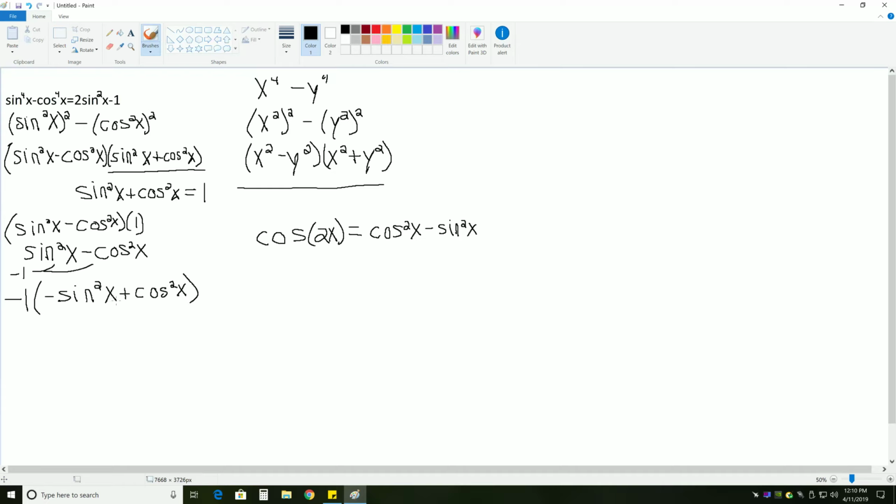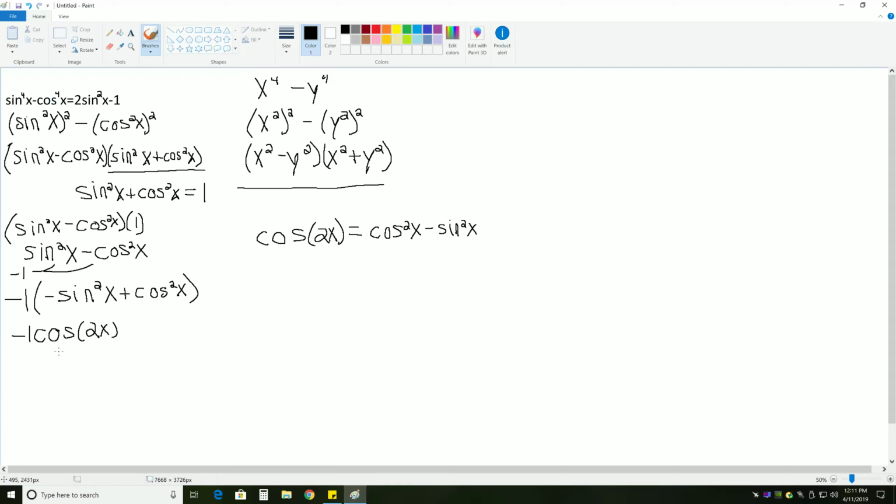And now that's exactly what we need to substitute in cosine 2x into our problem, because cosine squared x minus sine squared x is the same thing as negative sine squared x plus cosine squared x. So this leaves us with negative 1 times cosine of 2x now.